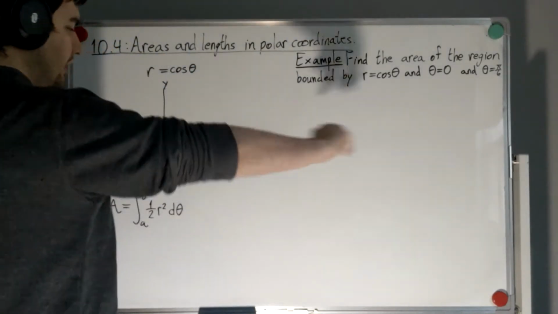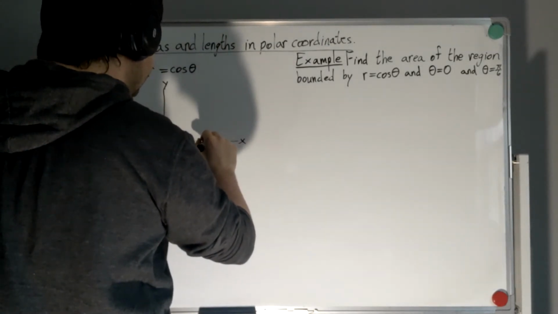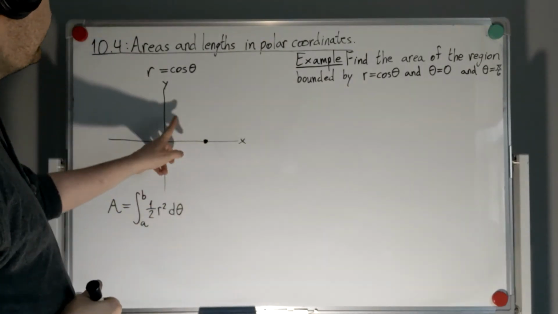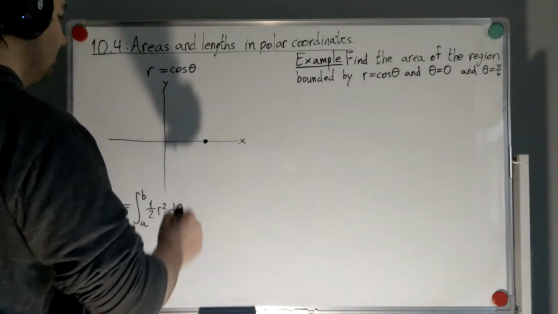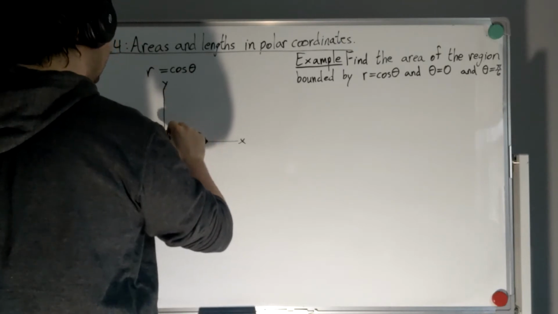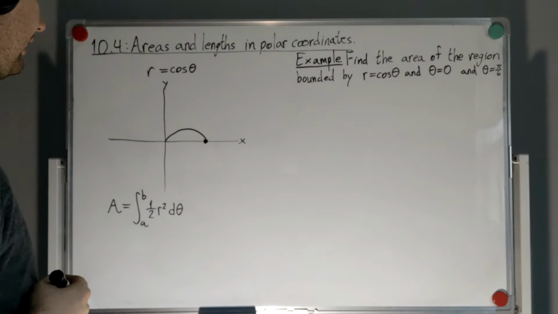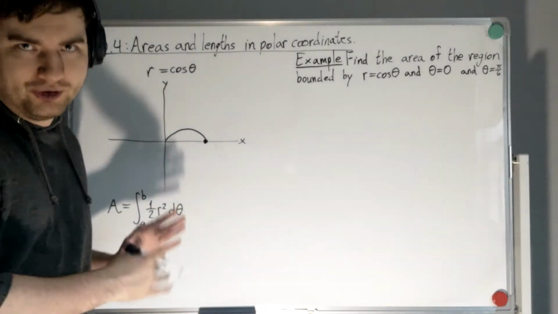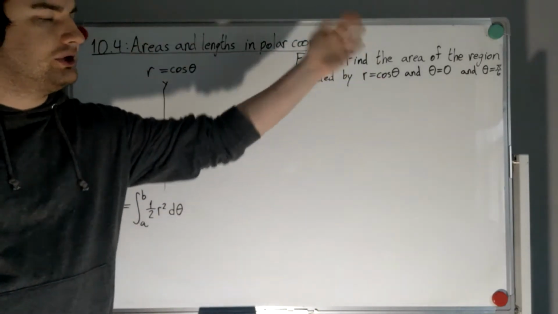So theta is 0 along the positive x-axis, so at that point we're going to have a radius of 1, which we'll say is like right there. As theta increases towards 2 pi, r will decrease towards 0. So what we're going to get here is some kind of curve that looks kind of like this. At least that's what's happening between 0 and 2 pi. There's more, of course, but we're not interested in that part because we only need from 0 to pi over 6, actually.